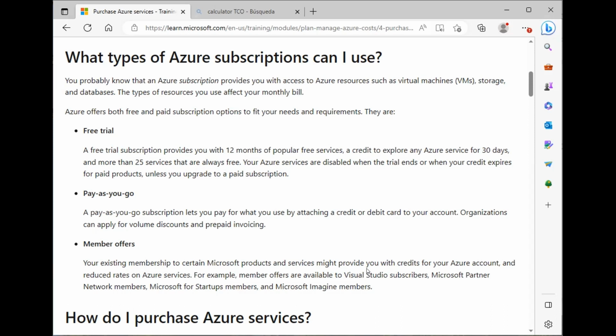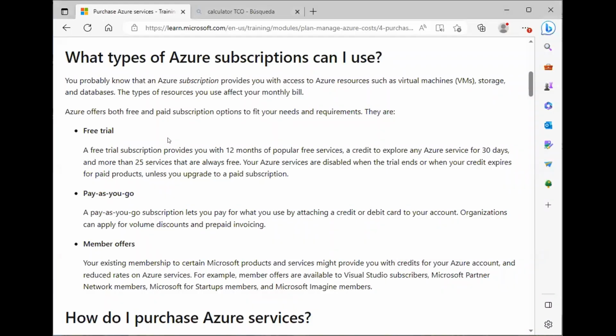The types of resources you use affect your monthly bill. Azure offers both free and paid subscription options to fit your needs and requirements. They are the free trial, pay as you go, and member offers.